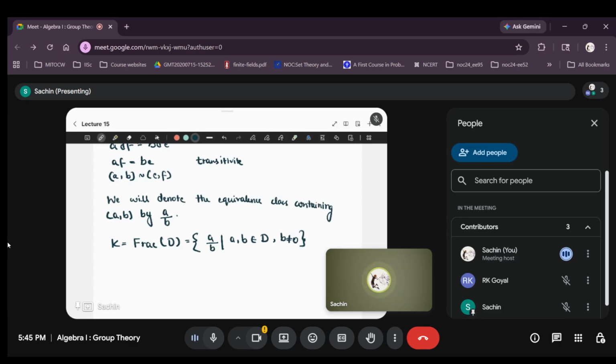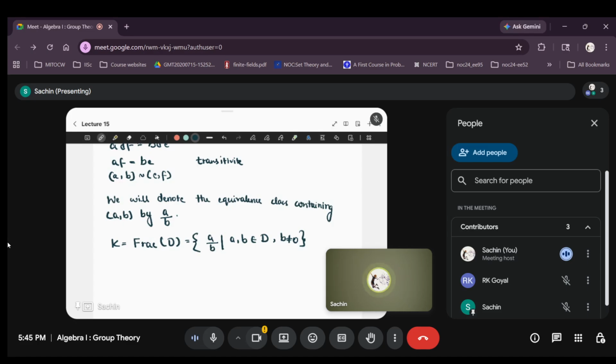Here D is an integral domain, but if we took that to be the set of integers, then the set of rational numbers would really be the equivalence classes of all the fractions.